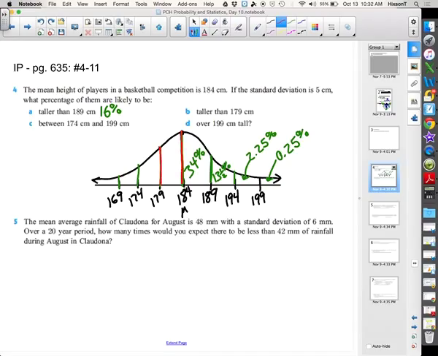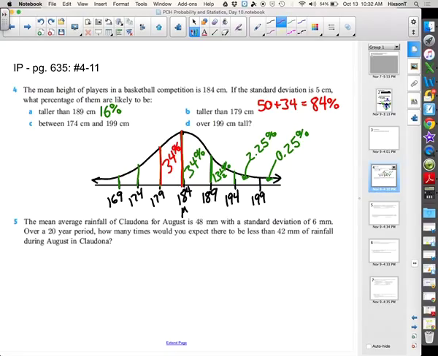I want the 50% to the right of my mean plus this 34%. Okay? And I'd get 84% that way as well. Okay? Are there any questions so far? Okay.